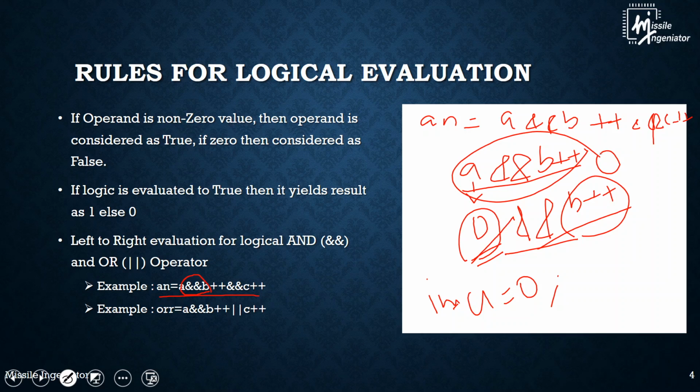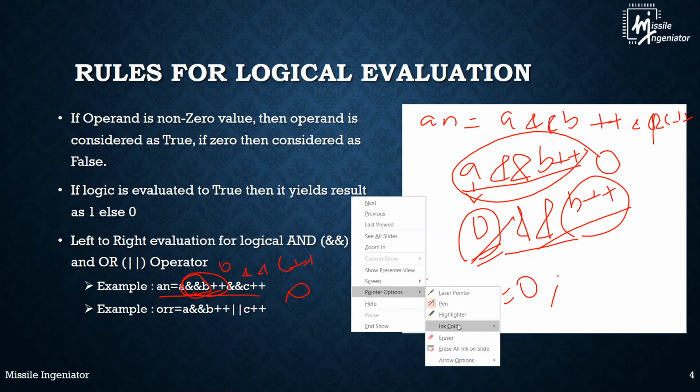And if this 0 is evaluated with ampersand c plus, you also get the result as 0. Okay, so this is what the logical AND operation does.